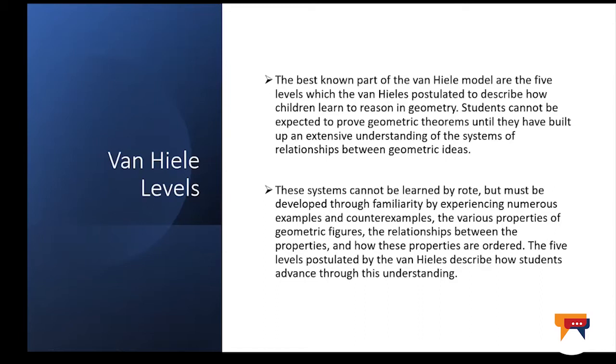These systems cannot be learned by rote, but must be developed through familiarity by experiencing several examples and counterexamples in various properties of geometric figures, the relationships between the properties, and how these properties are ordered. The 5 levels postulated by Van Hiele describe how students advance through this understanding.